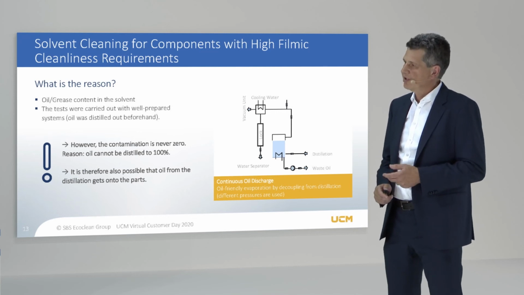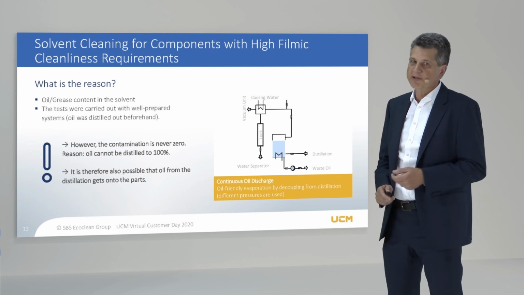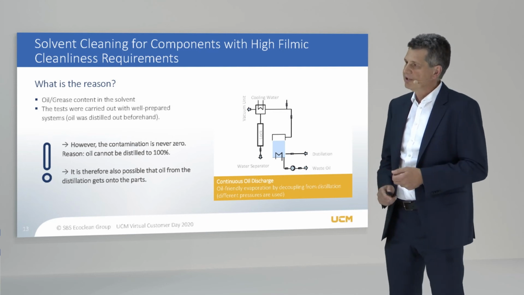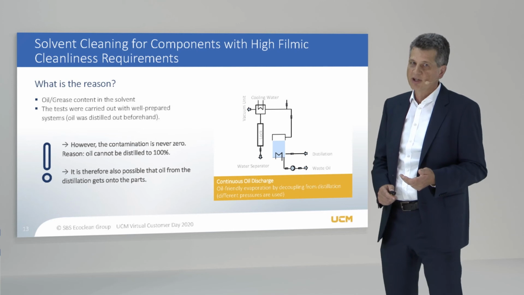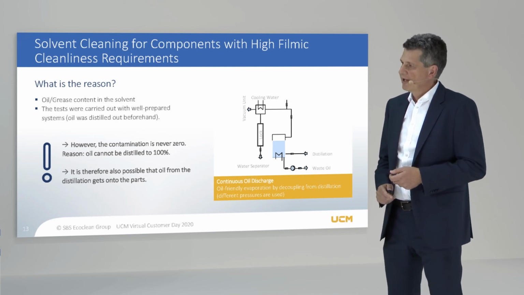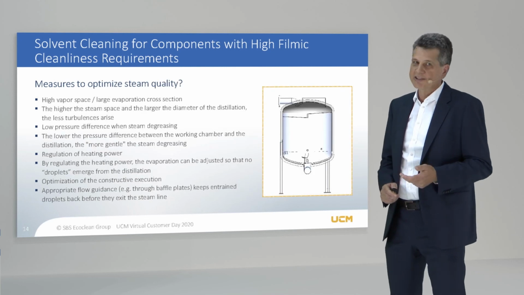So first, it's clear there must have been some oil left in the distillation, which we could also detect. So what does that tell us? The continuous oil discharge unit is not able to take out 100% of the oil out of the system. But is this the only issue?